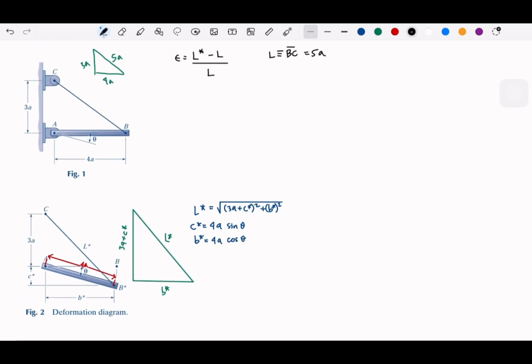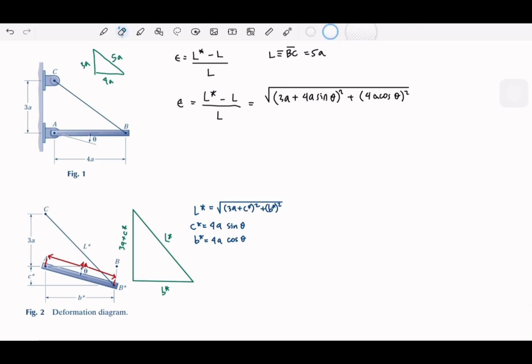So let's write the strain here. This will be the square root of 3A plus 4A sine theta, squared, plus 4A cosine theta, squared, minus L, which is 5A, divided by L, which is 5A.